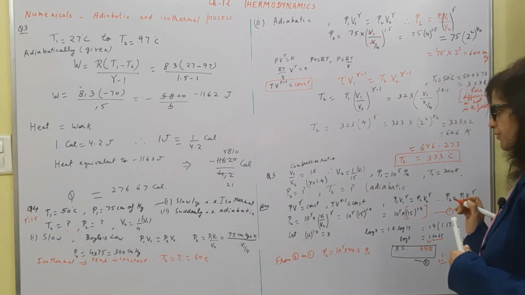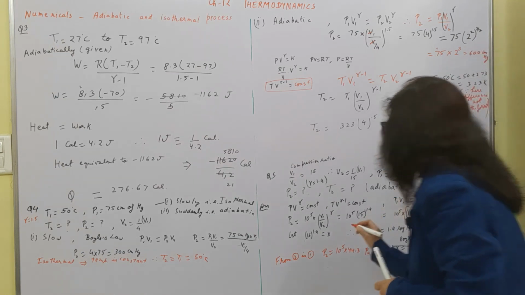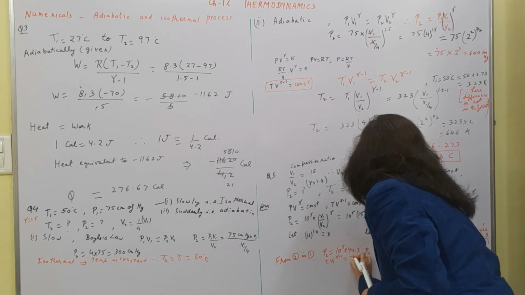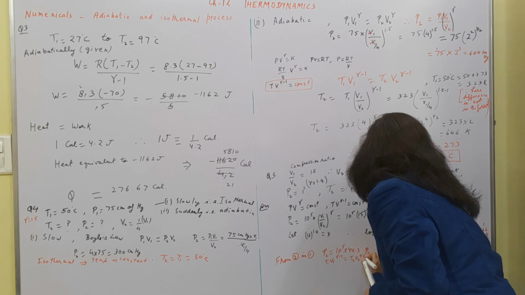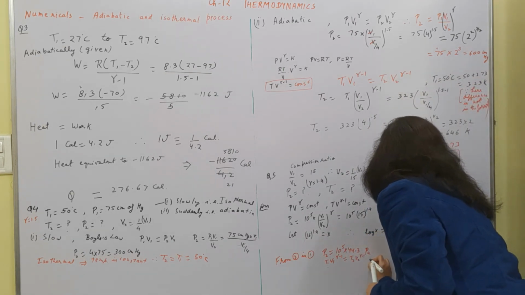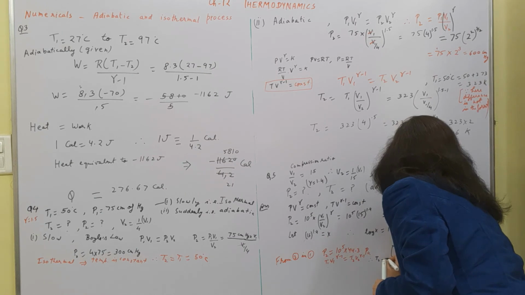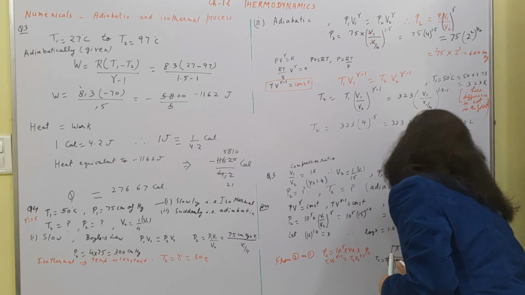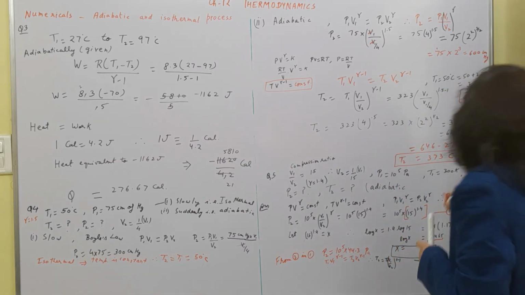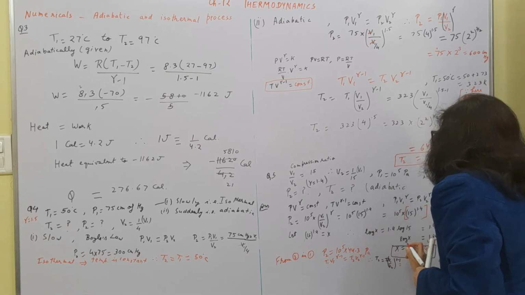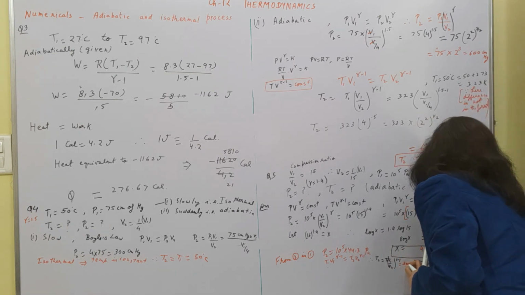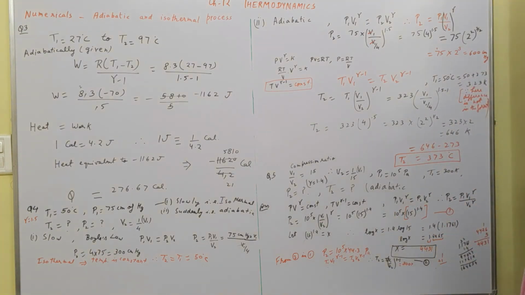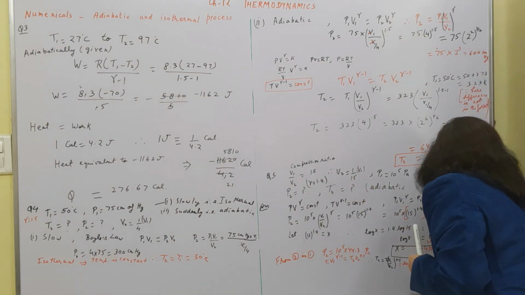What else we have to find out? We have to find out the temperature, final temperature. So this can be written as T1 V1 to the power gamma minus 1 is equal to T2 V2 to the power gamma minus 1. So therefore T2 is equal to T1 V1 upon V2 to the power gamma minus 1, and this comes out to be T1, which is 300 Kelvin, V1 upon V2 is given as 15.